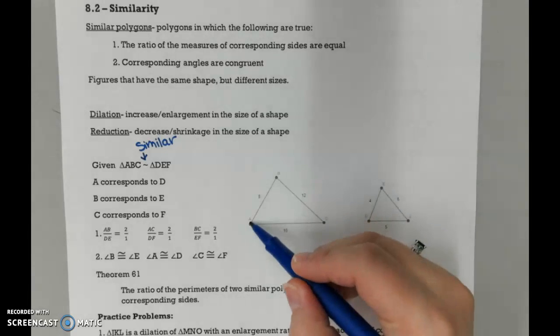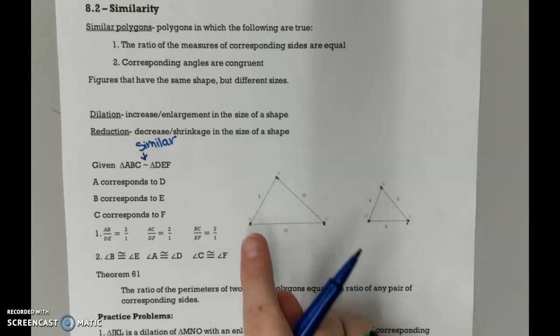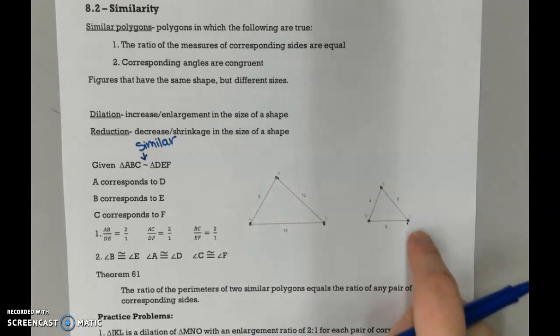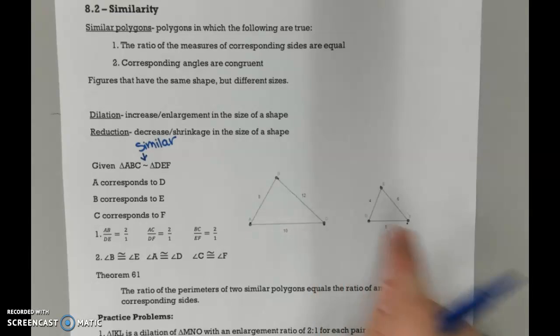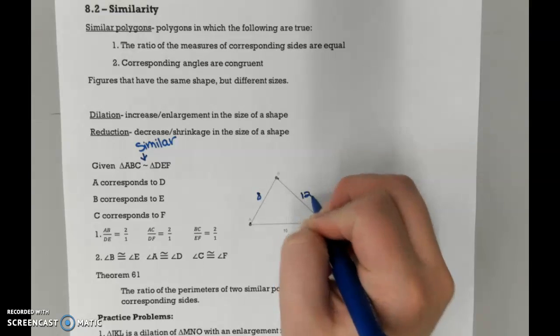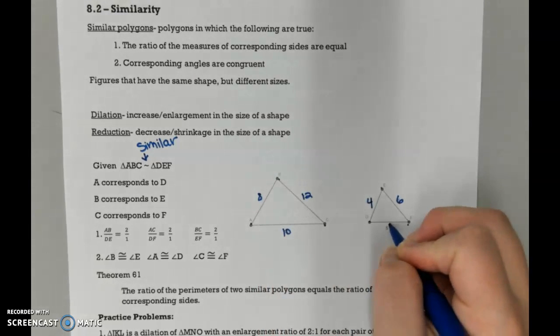So triangle ABC being similar to DEF means that A corresponds to D, B corresponds to E, and C corresponds to F. I know these numbers are a little small, so I'm going to rewrite them. That's an 8, 12, 10, 6, 5.